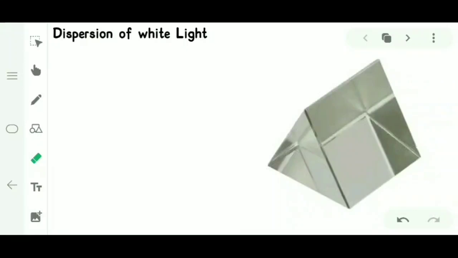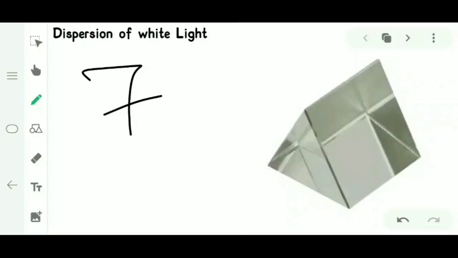Since white light, we know, is not a single color, it is not made of a single color. White light is composed of several colors and they are 7. Yes, the colors of the rainbow, you remember?